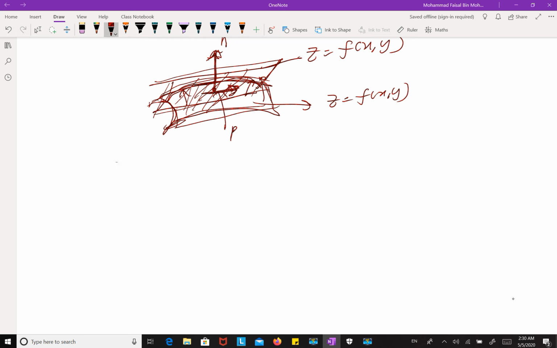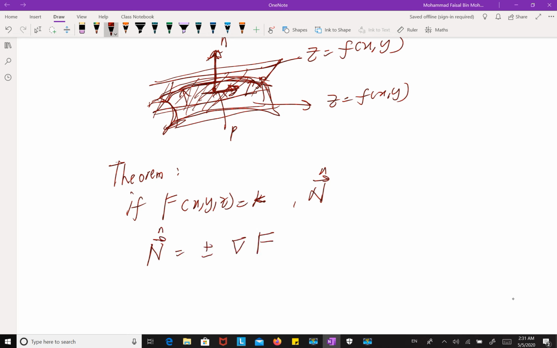So theorem: if f(x,y,z) equals k is a differentiable function and n denotes the unit normal vector to the surface, then your n will be plus minus gradient f over magnitude of the gradient f.